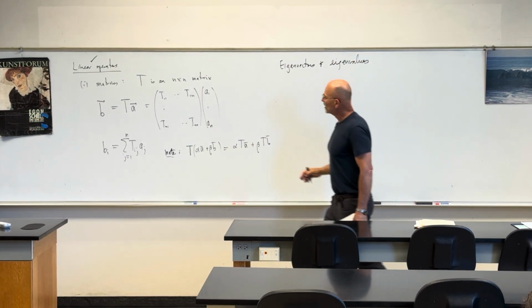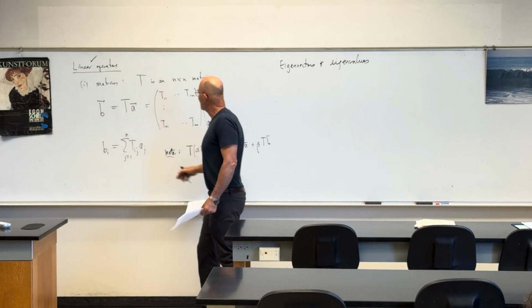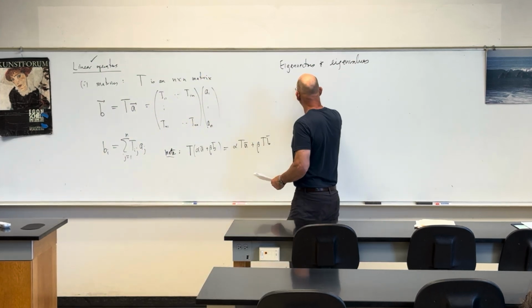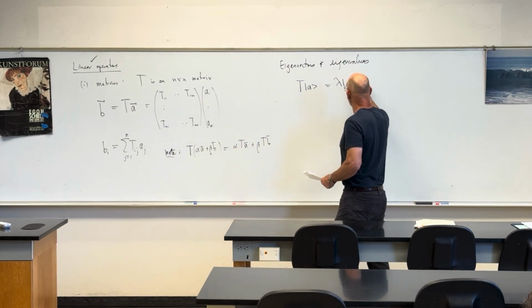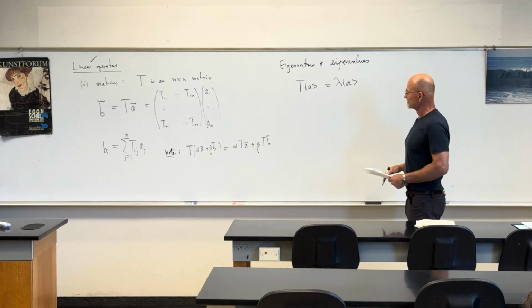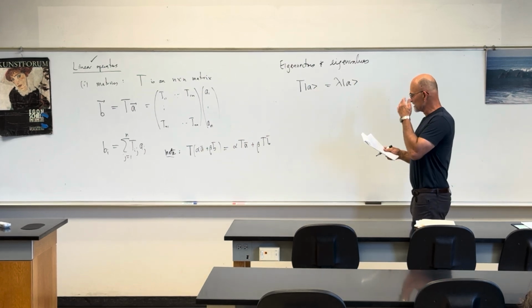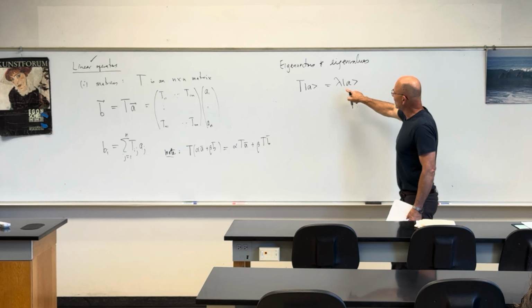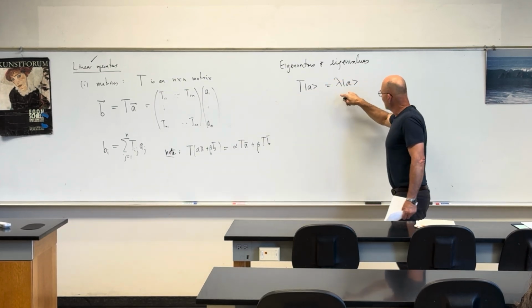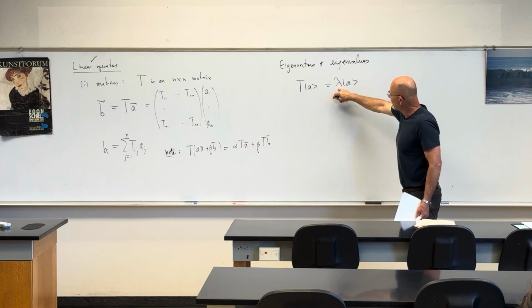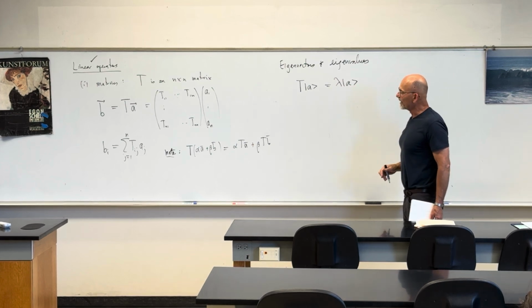Now we're looking at this equation, except we have T A equals lambda A. So that's in general, T A equals lambda A. The linear operator applied to a vector is equal to some number, some scalar, times that same vector.